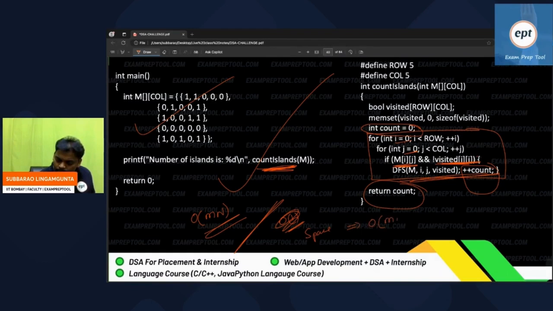Space complexity is also order of mn, the same way, because one table is required for visiting purposes, to mark whether he is visited or not. Here mn people are there, so the visited marker is order of mn. For those who are not getting BFS, DFS, please understand BFS, DFS. It is exactly like counting the number of connected components.